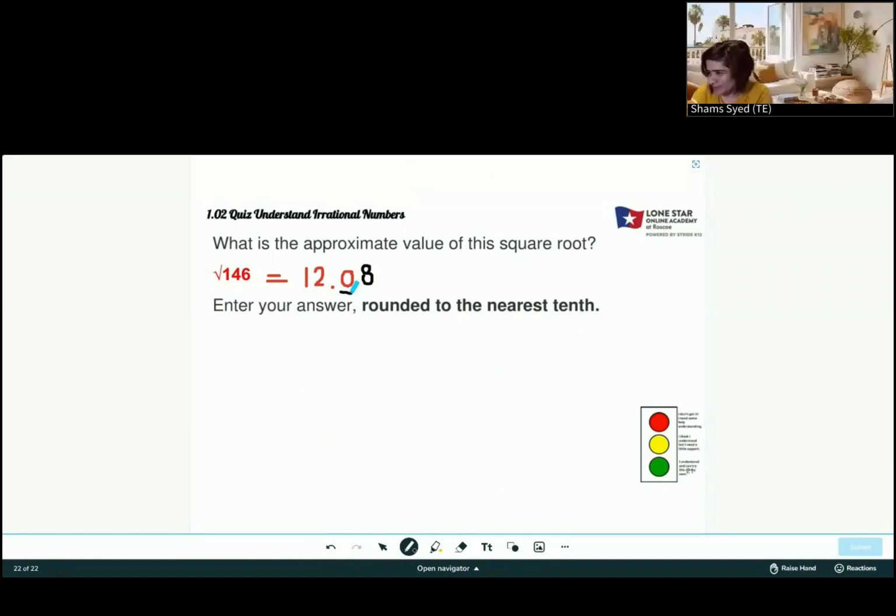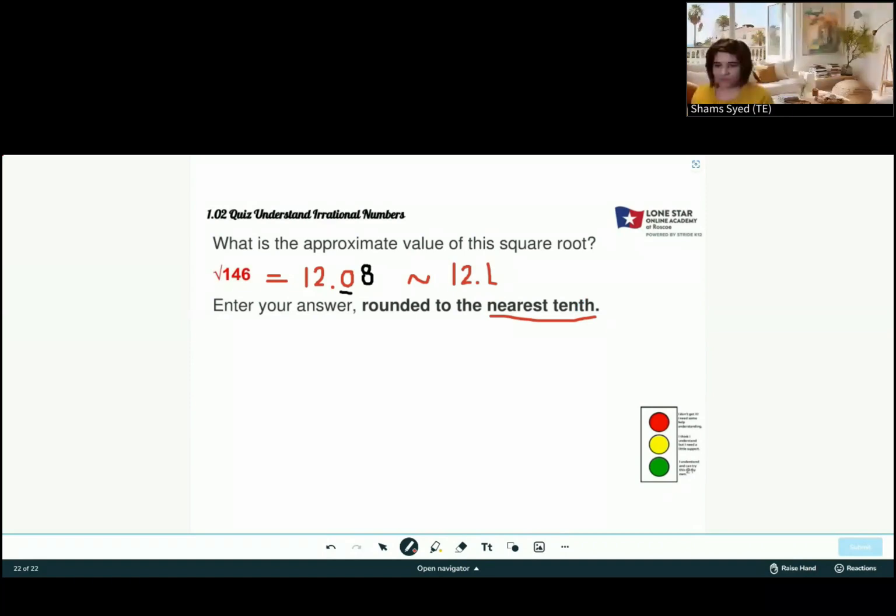Will I bump the 0 up because 8 is big enough? I will bump it up. Yes, Surya, Kite, Anton, Zara, absolutely correct. So when you enter the answer for this one, closest to the nearest tenth, you should say the answer is 12.1. And that marks the end of the quiz.